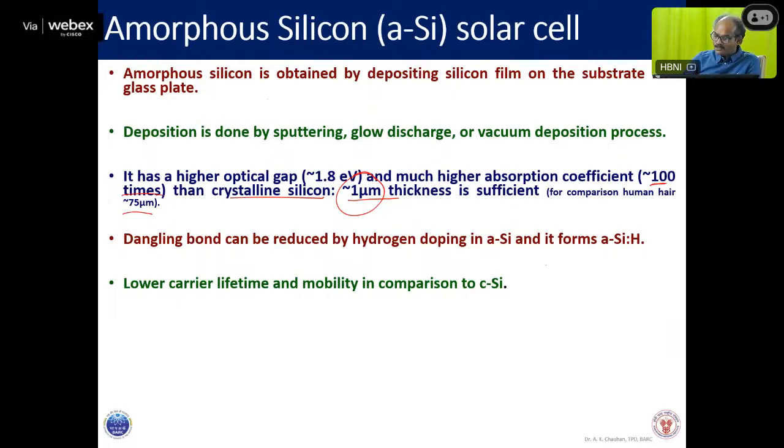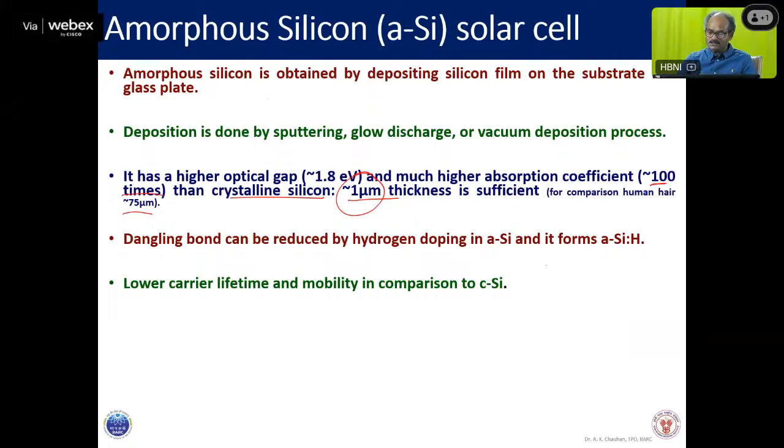Dangling bonds can be reduced. There was one problem with the dangling bonds, because there are many bonds which are unsaturated. So in commercial fabrication, what is done?